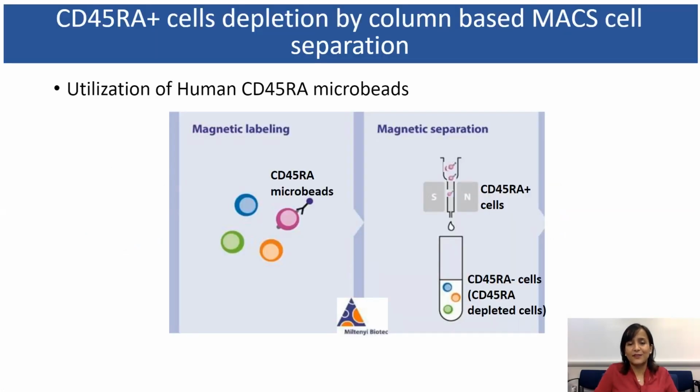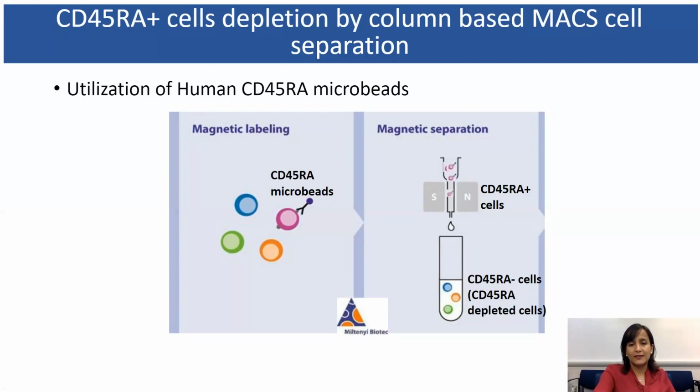And we did this CD45RA depletion by utilizing human CD45RA microbeads available from Miltenyi Biotec. And how this magnetic labeling works is that the human CD45RA antibody is attached to these magnetic microbeads. Any cell that is expressing CD45RA, when incubated with these microbeads, is going to get attached to them.